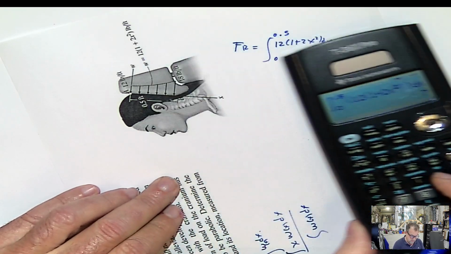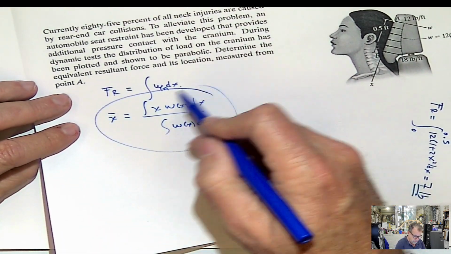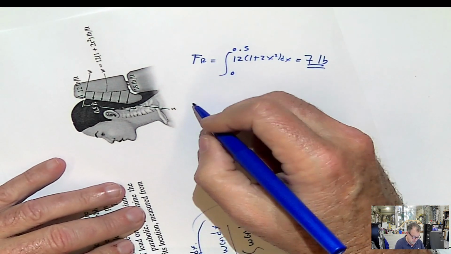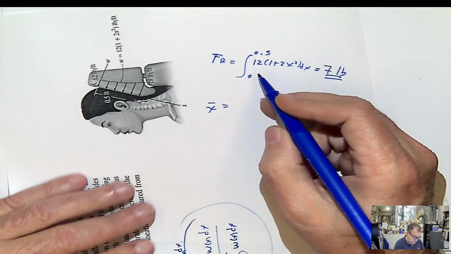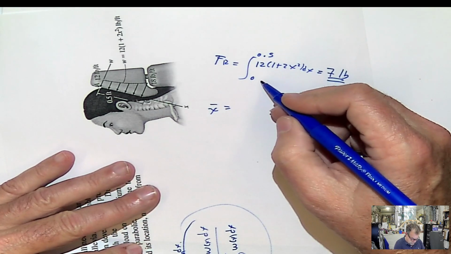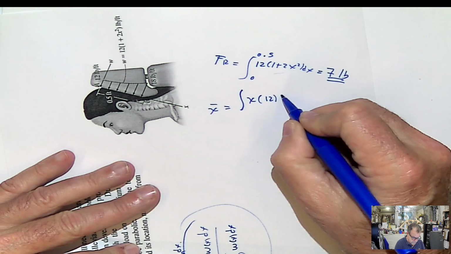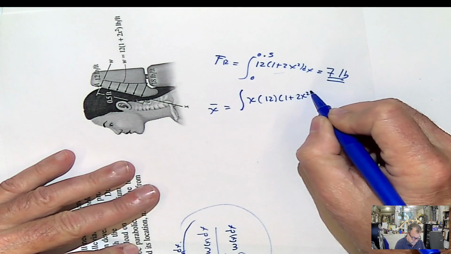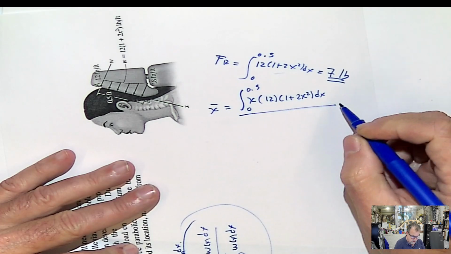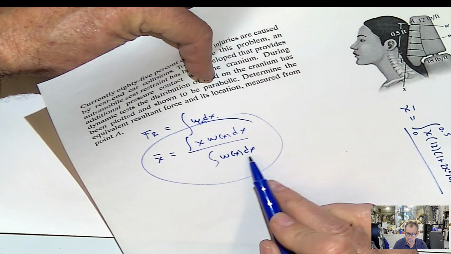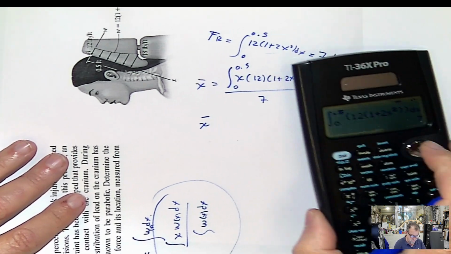Okay, now the second part comes from the equation that we have here. It's basically the same, but now I have to say that x bar is going to be equal to the integral of x multiplied by the function between 0 and 0.5, divided by this, but this is just what we did, 7. So the location for that will be just doing this again.